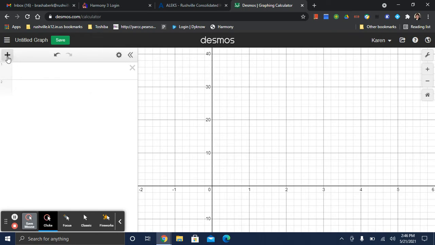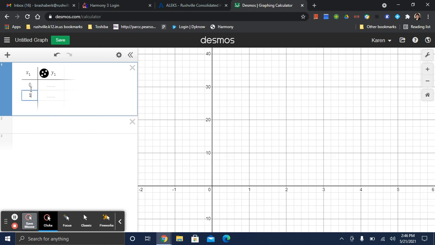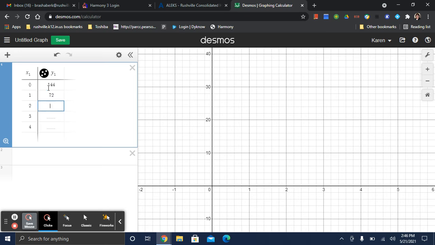All right. I'll do the plus sign, add the table, and do my x values 0, 1, 2, 3, and 4, and then my y values, which were 144, 72, 36, 18, and 9. And so you see that we had much higher values.